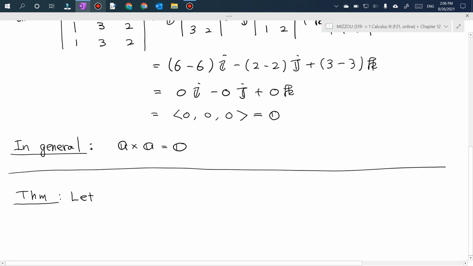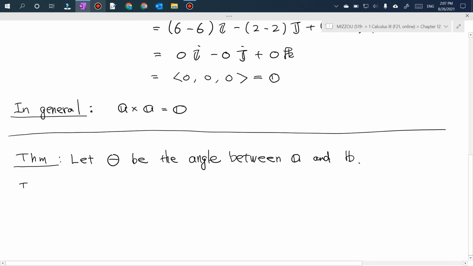Let theta be the angle between A and B. Then the magnitude of A cross B is the magnitude of A times the magnitude of B times sine theta.